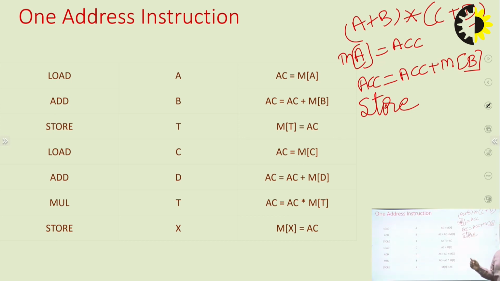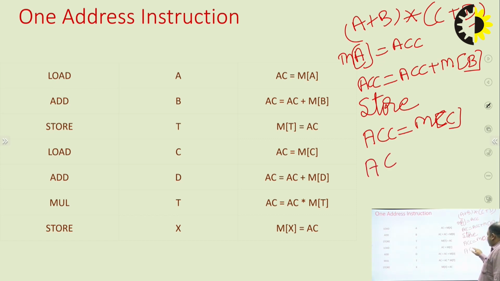If we don't store in a one address instruction, what happens? When we go to the second part, AC is equal to the memory address or data of C, and the data of our first part will be automatically deleted. So before going to the second part of the instruction, we have to store the first part of the instruction.